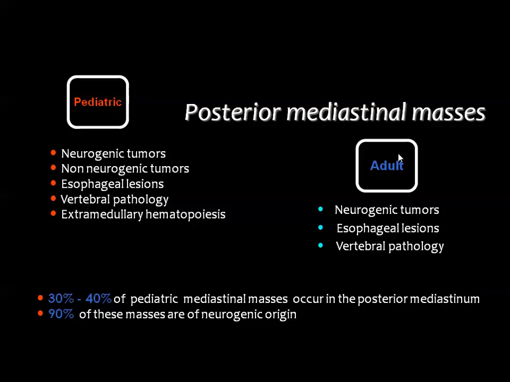In adults, we have three major pathologies in the posterior mediastinum: neurogenic tumors, esophageal pathology, and vertebral pathology. In the pediatric age group, we have neurogenic tumors, non-neurogenic tumors, esophageal and vertebral pathology, as well as extramedullary hematopoiesis.